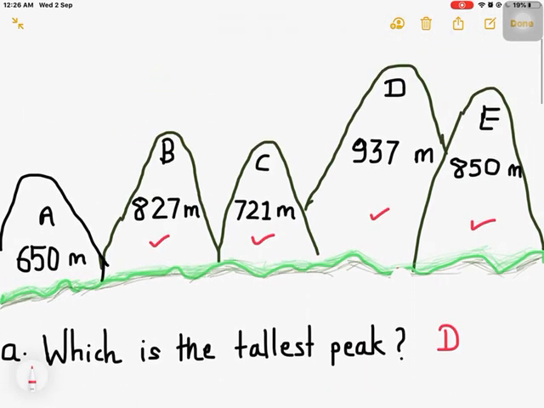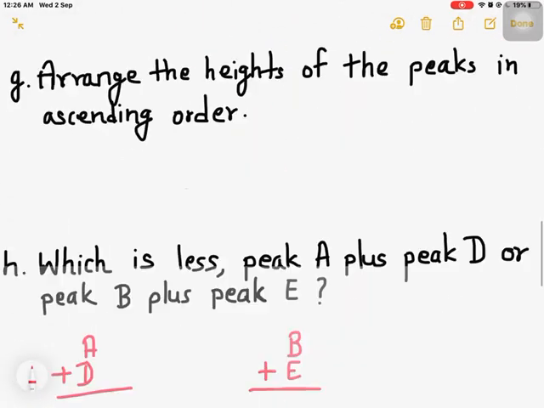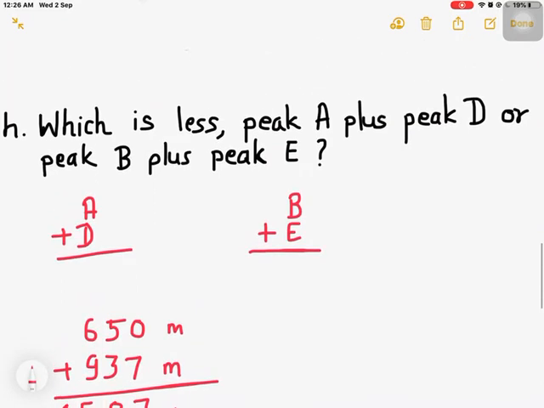Yes, height of B is 827 and E is 850, okay.